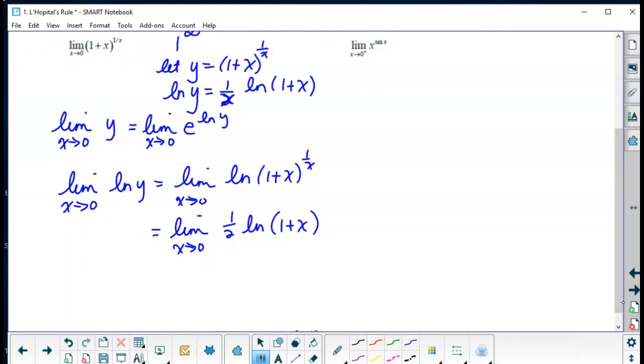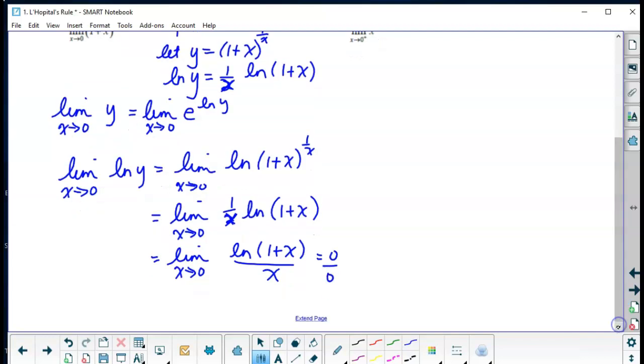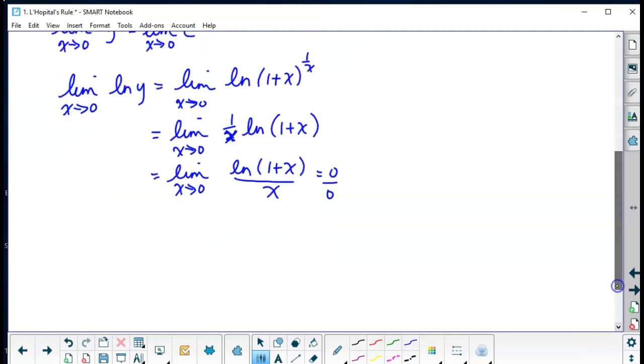Oh, not 1 over 2, 1 over x, sorry. Okay, and then we can use L'Hopital's rule, because here, I'll show it like this, the limit as x approaches 0 of ln of 1 plus x over x. So if we substitute in there, we get 0 over 0. So now we will use L'Hopital's rule.